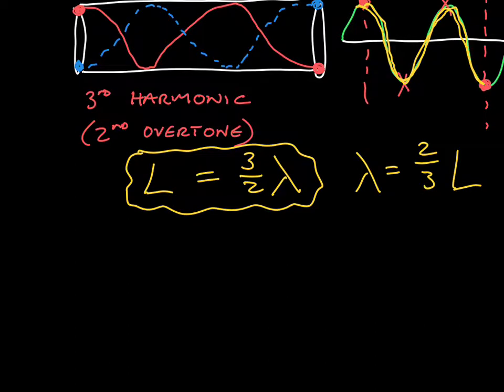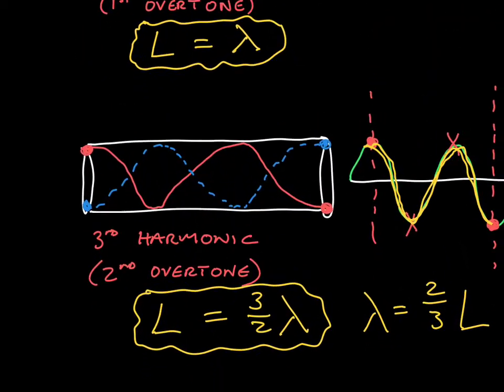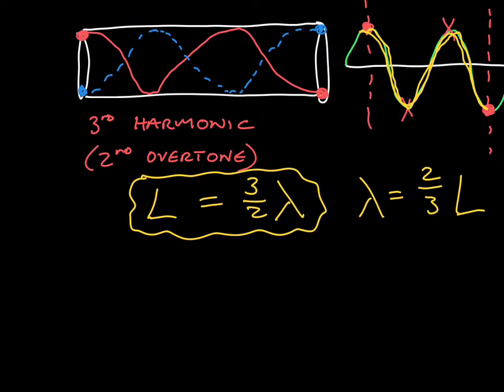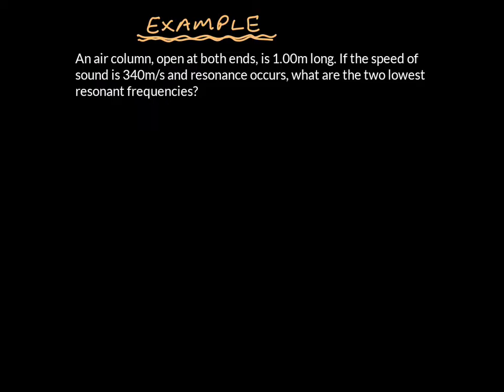There's a pattern there as we move up the harmonics for an open-ended column. So it's important that you understand that relationship between the length and the frequency. That will also give you a relationship between the length and the wavelength. And you also need to be able to draw that pattern as I've demonstrated.